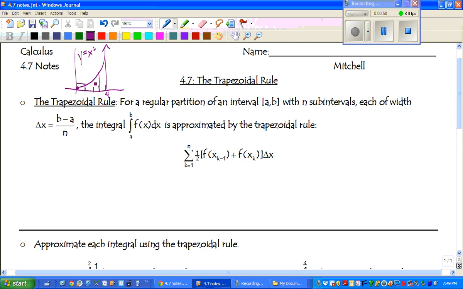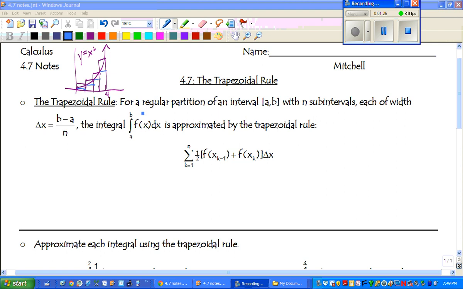We could do rectangles that overestimated the area, so we knew it was going to be bigger than the actual area. We also did rectangles that underestimated the area, and we added those areas up to get an approximation. Well, the trapezoidal rule does the same thing, only without rectangles. You guessed it, it uses trapezoids. So let's take a look.